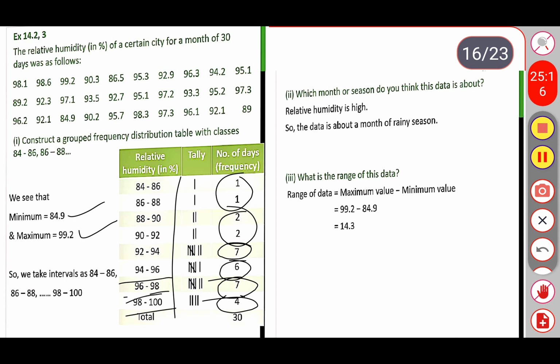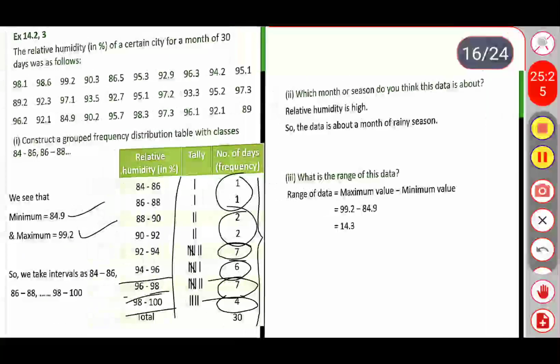Once we add all these numbers of days, we get the total number of days, that is equal to 30.